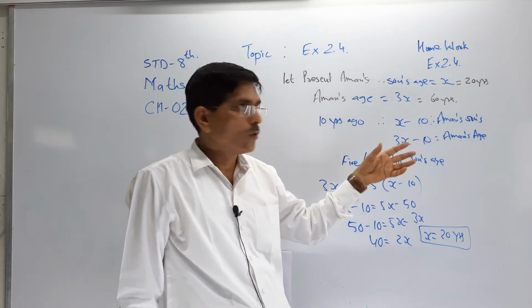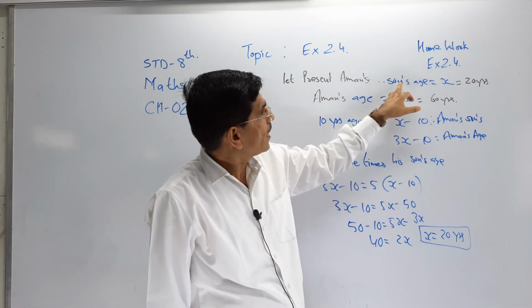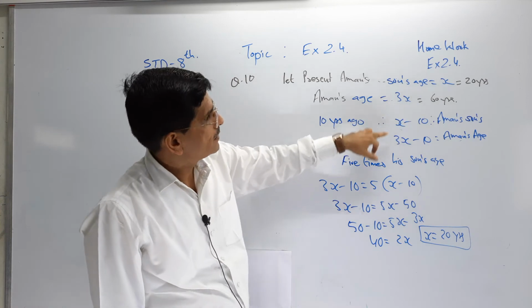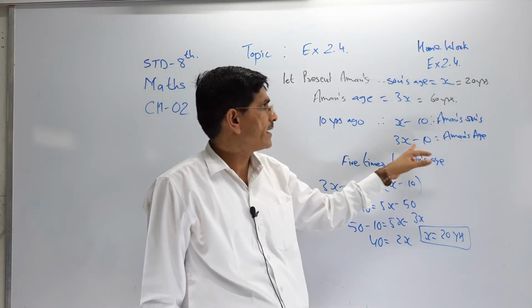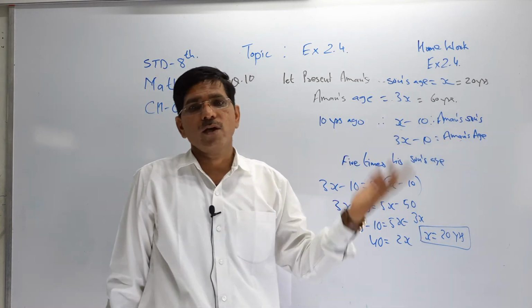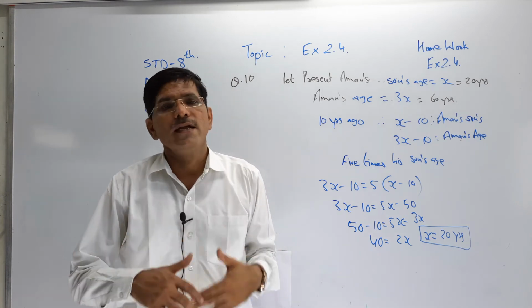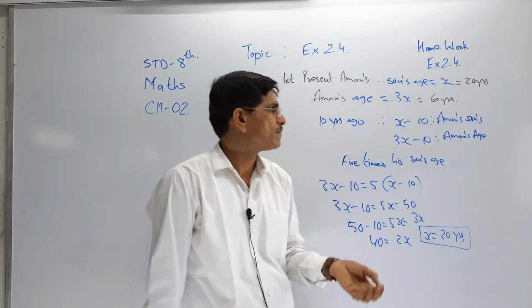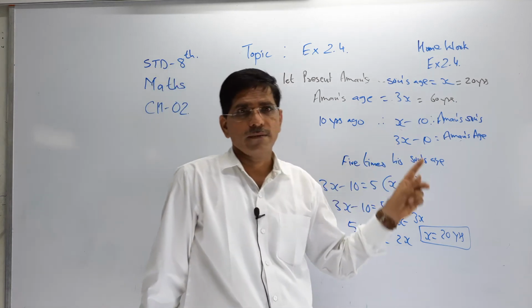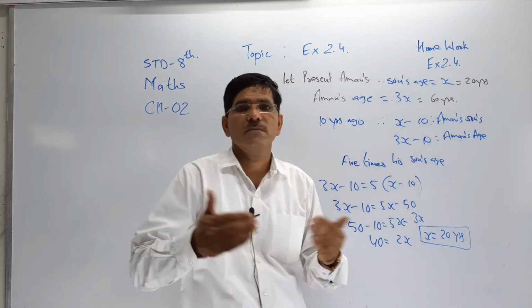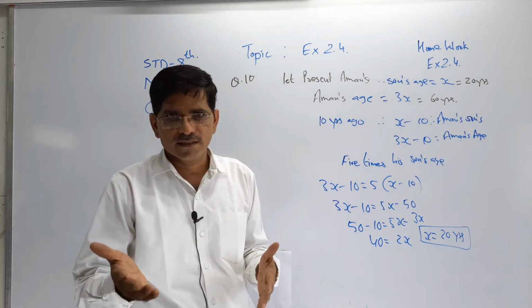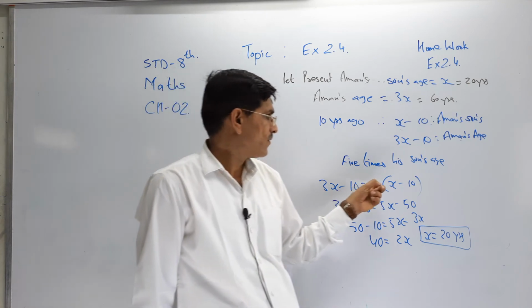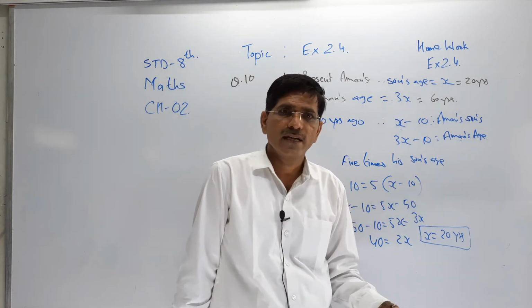10 years ago, Aman's son's age was x minus 10 and Aman's age was 3x minus 10, because 10 years ago means I have to subtract 10 from both, the son and Aman. Now the relation between Aman and his son is given: 10 years ago, Aman's age was 5 times his son's age.